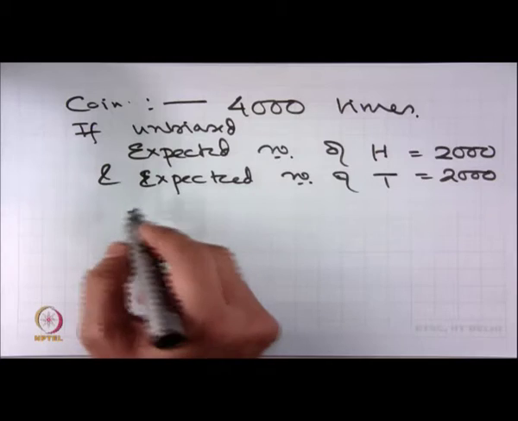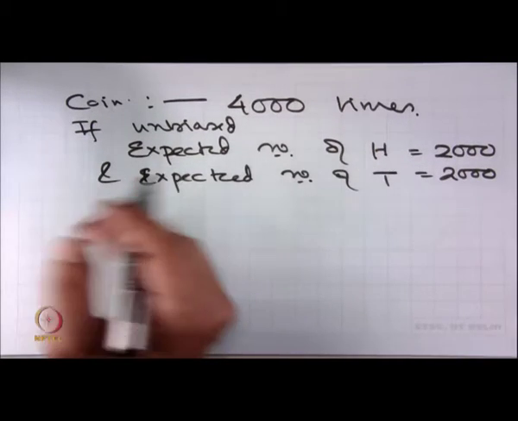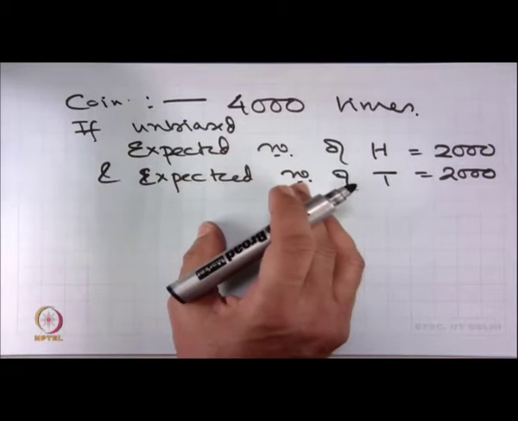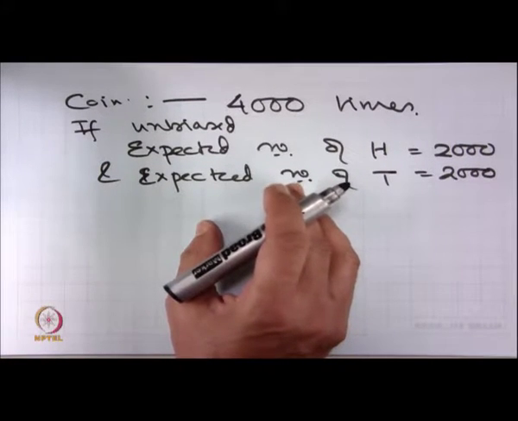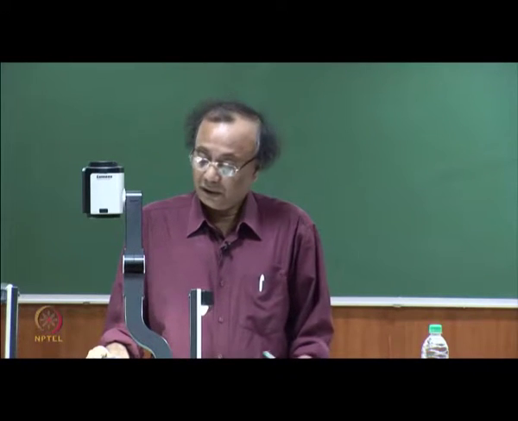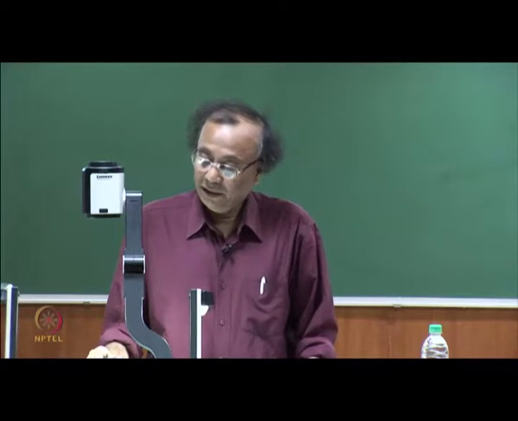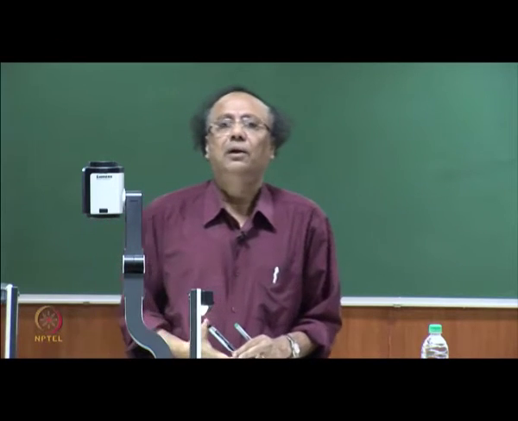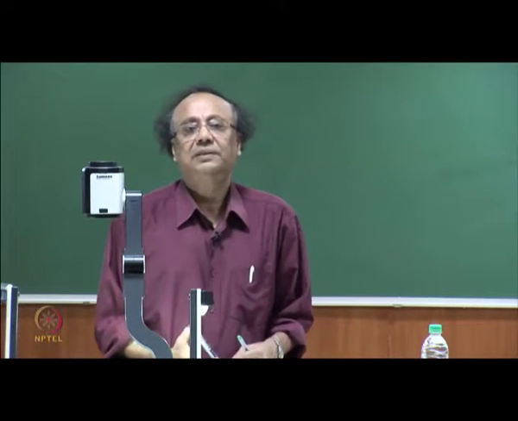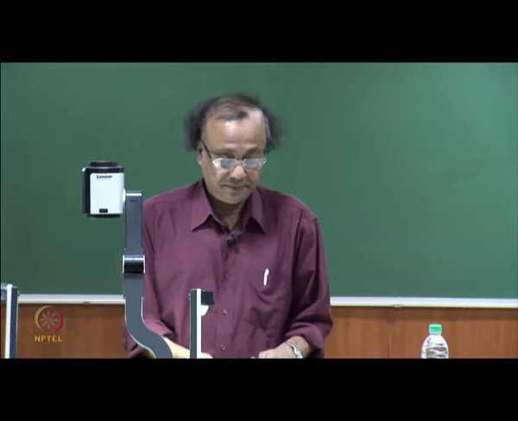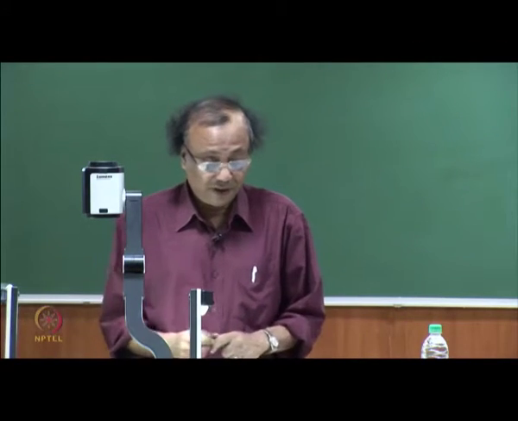But it does not actually mean that in the result we will get exactly 2000 heads and exactly 2000 tails. That will not happen in general. So, what we want to estimate is the value of p, or the probability of success, or the probability of getting a head in a toss given this result.